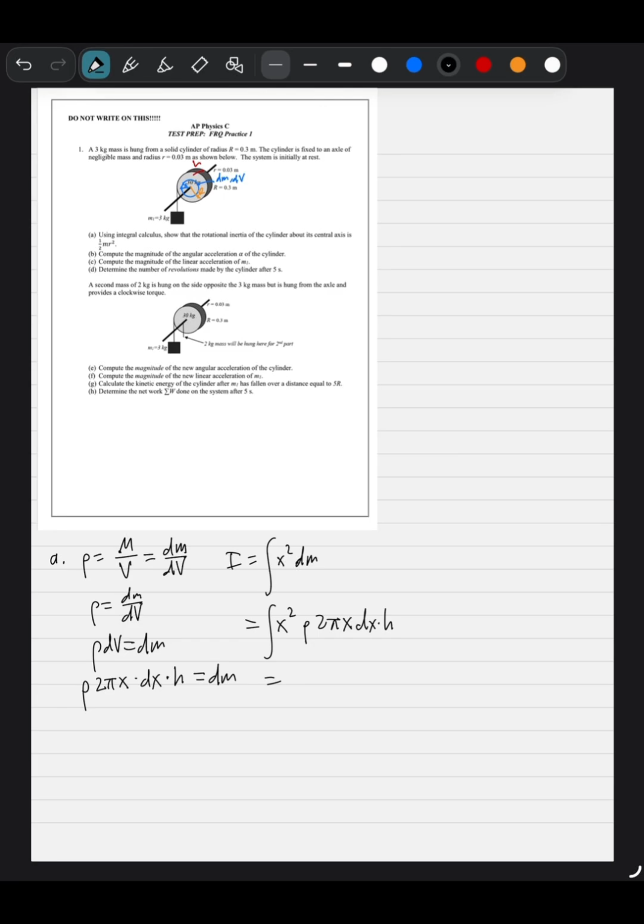We can move rho, 2 pi, and h out. And we can condense x squared and x to be x cubed. And our bounds would be 0 to r.